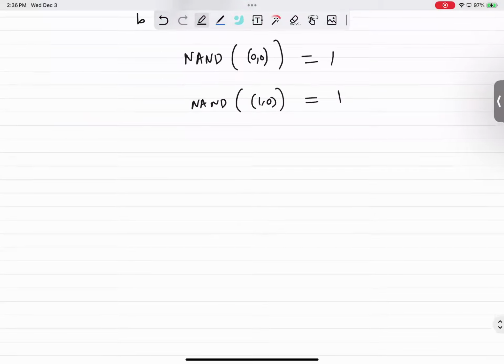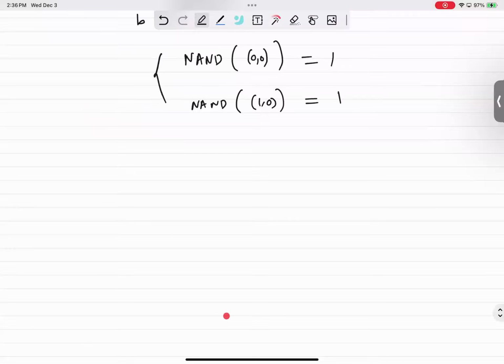Instead of looking at a NAND as taking 2 bits and outputting a single bit, I'm going to introduce a NAND prime, which takes 3 bits, A, B, C. Think of C as just a placeholder, which is used to store the value of the NAND.